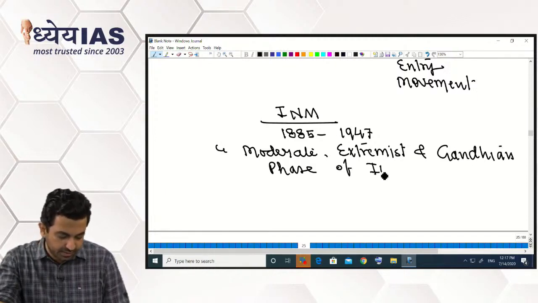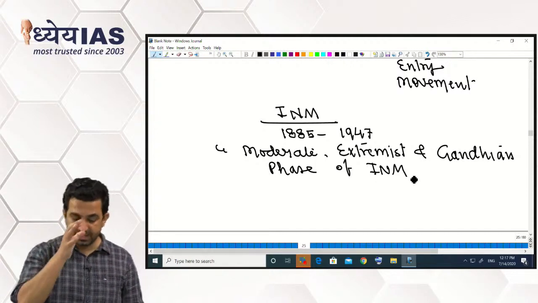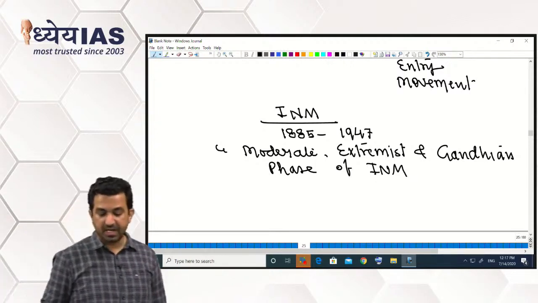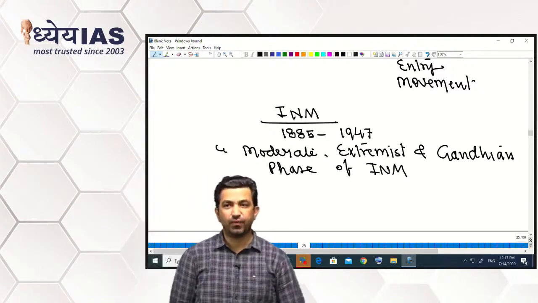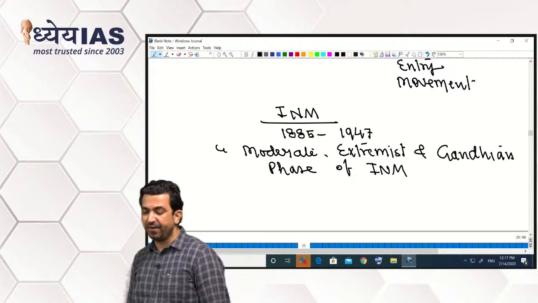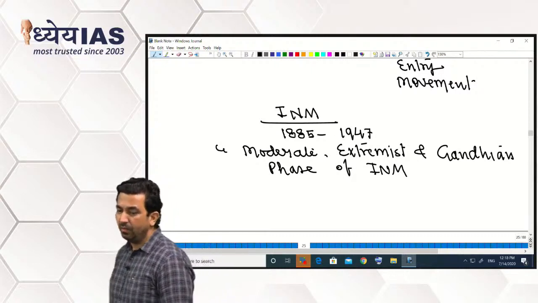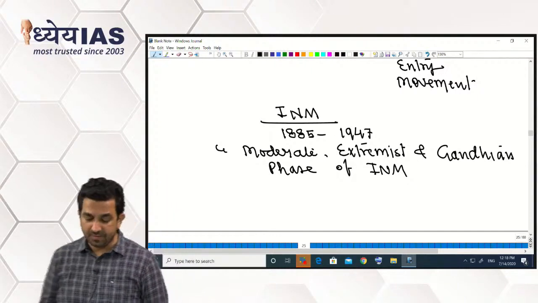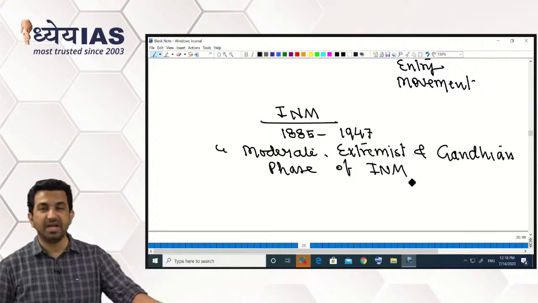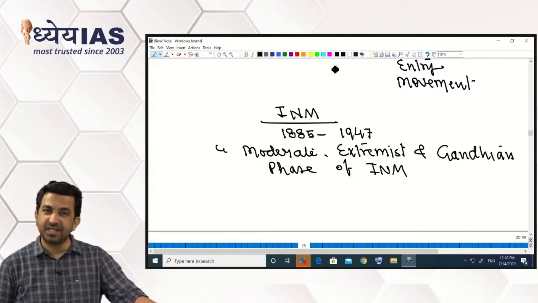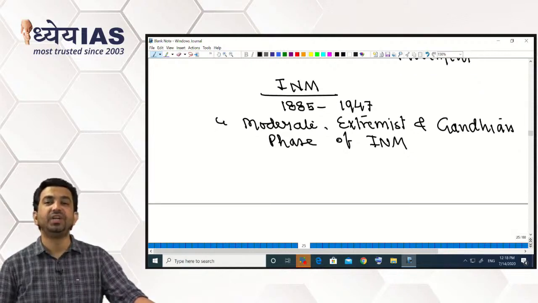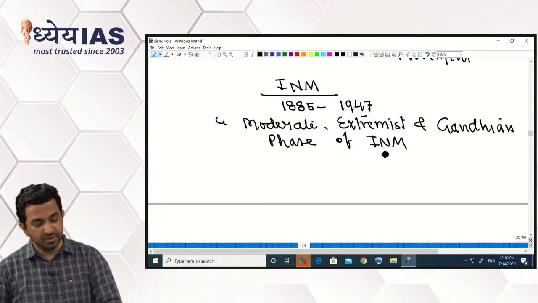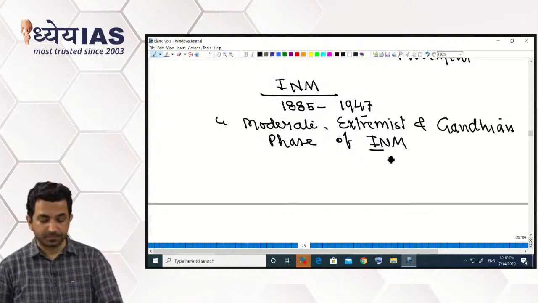Moderate phase or first phase from 1885 till 1905, then extremist phase from 1905 till 1916 and Gandhian phase from 1916 till 1947. So three phases of Indian national movement.